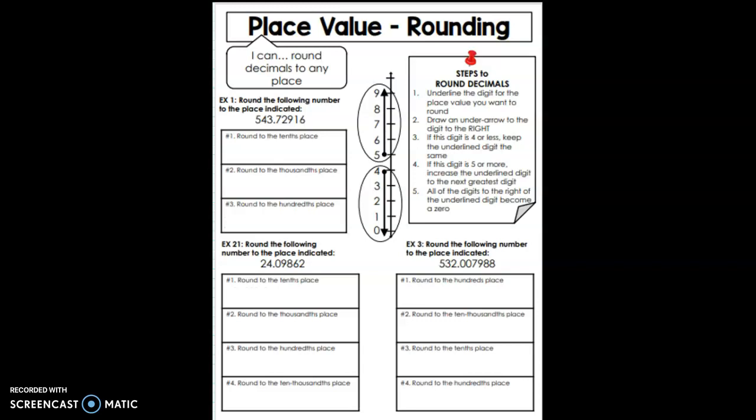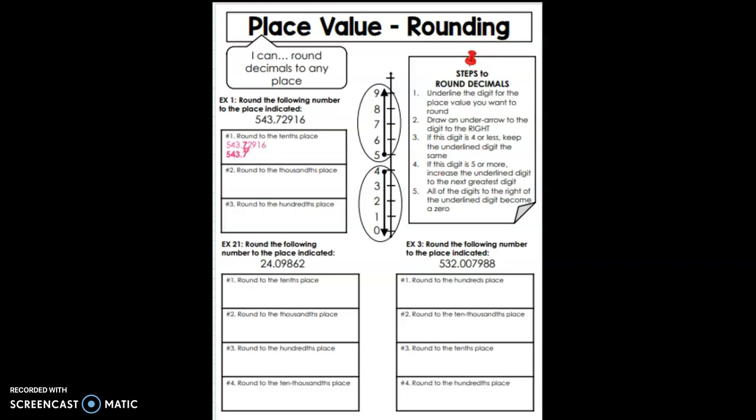So we have a very large number here in example 1, 543 and 72,916 hundred thousandths. So we're going to round to the tenths place. So that means we are looking at the 2 as our 1 to the left.